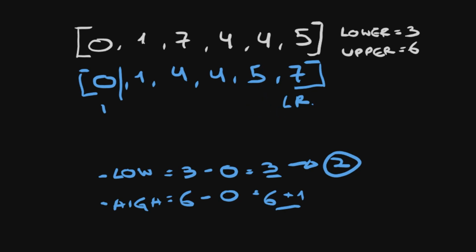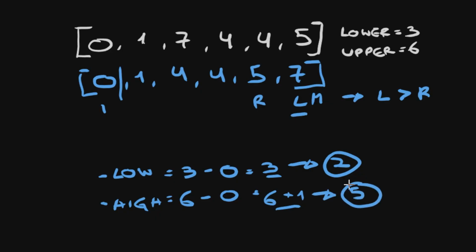Now left, right and mid pointer are here, and 7 is equal to the target, which is 7. So we move the right pointer to the left of the mid pointer. Once left pointer is greater than right pointer, we return left pointer. So the result of this is 5.